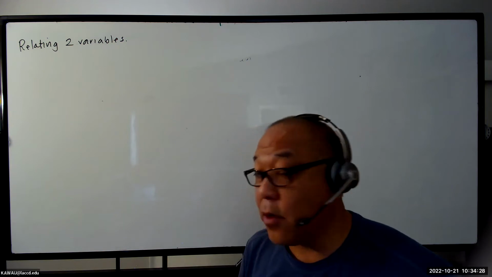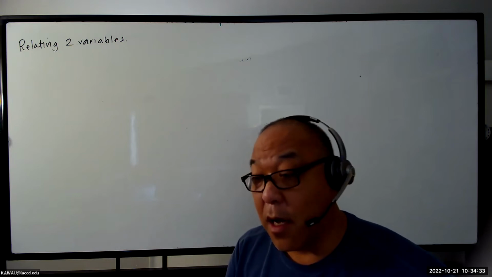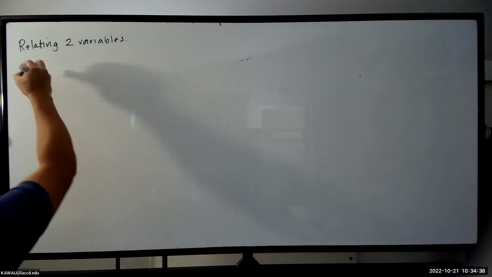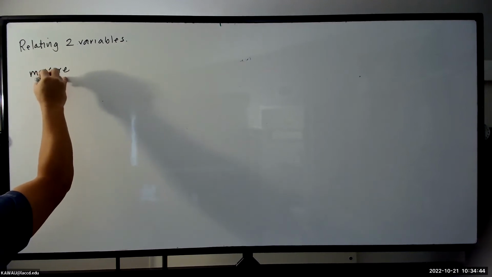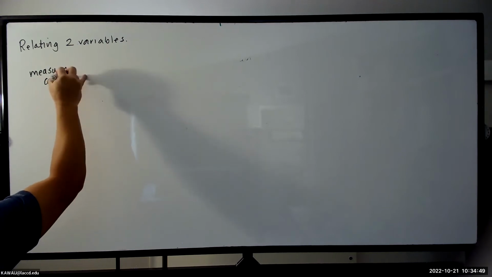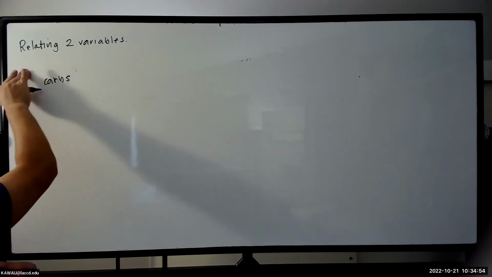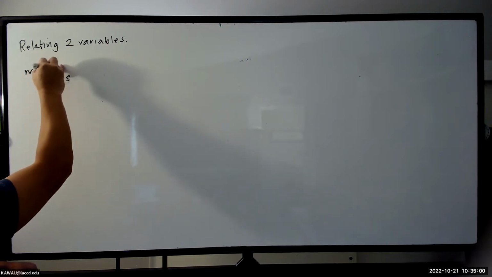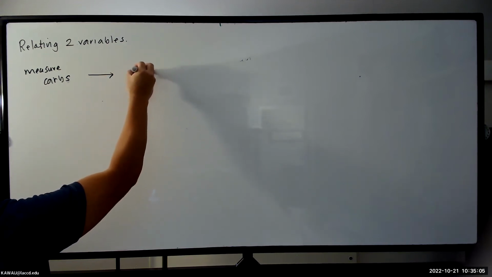So for example, if you were doing an experiment on weight loss, then some things you may measure is carbohydrates. And then we want to see whether there is weight gain.